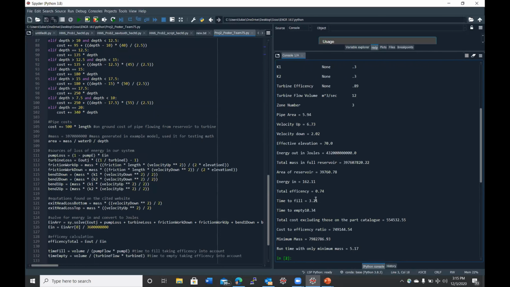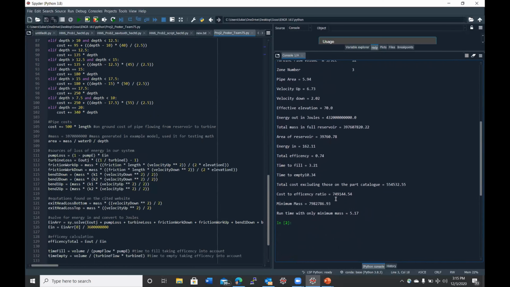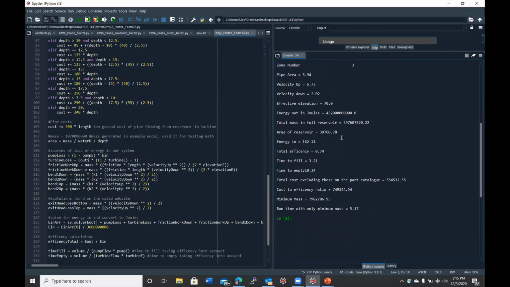And the time to fill is 3 hours. The time to empty is 10 hours. The energy in is 162, and the efficiency is 74%. So those are all our calculations. And that's basically it.